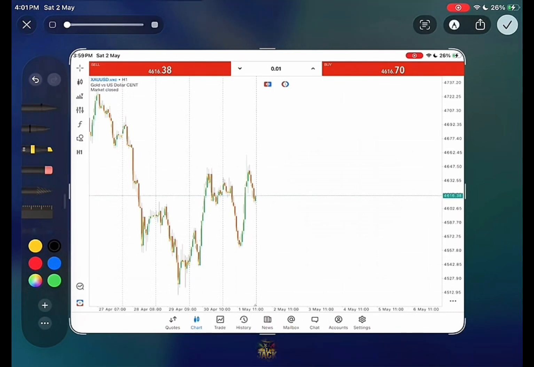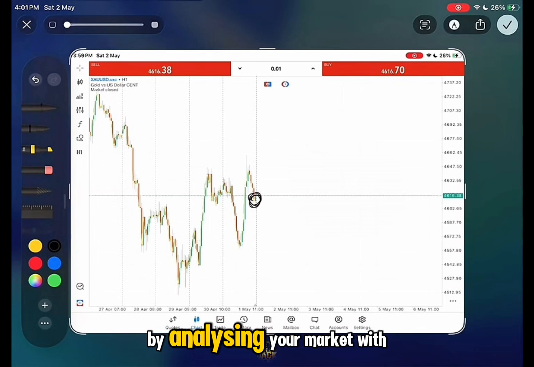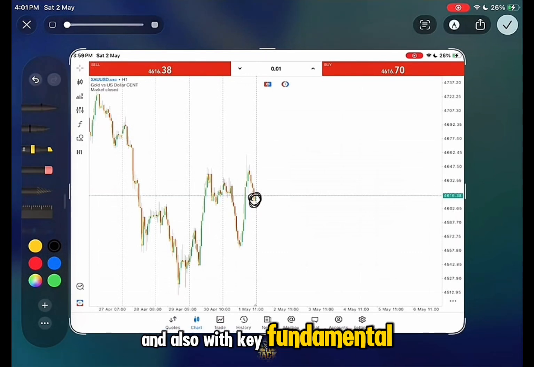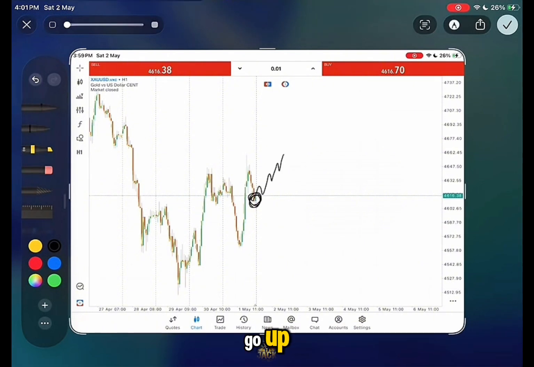Basically, let's say price is set right here. By analyzing your market with your analysis, and also with key fundamental techniques, you need to know whether the price is going to go up or the price is going to go down.